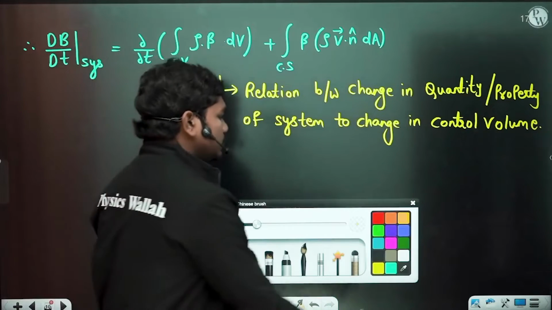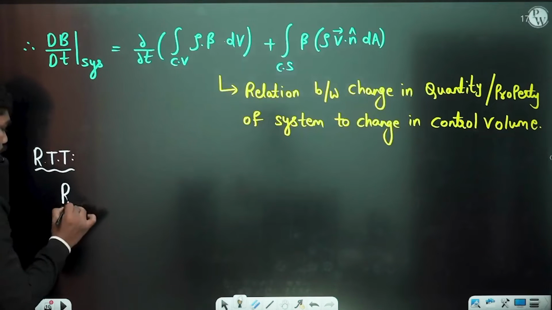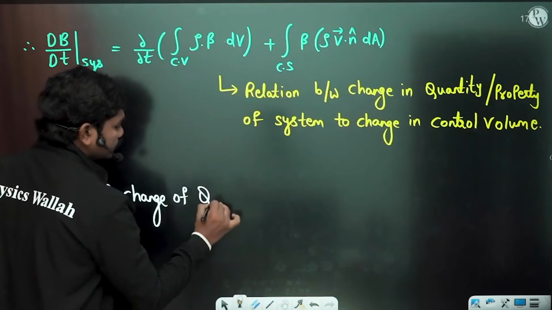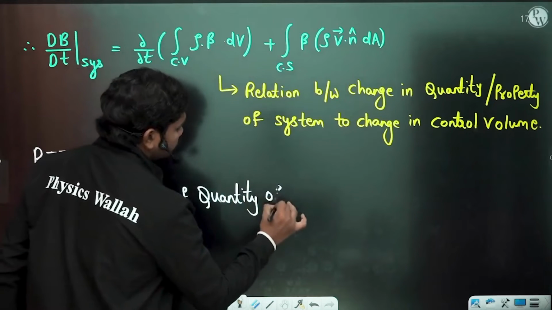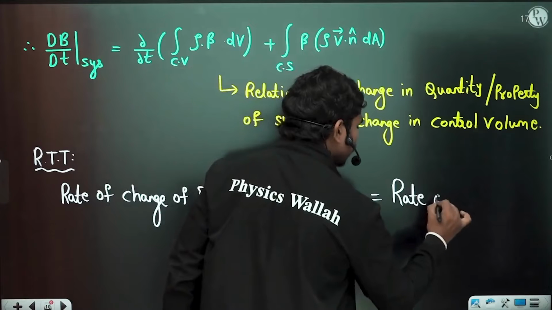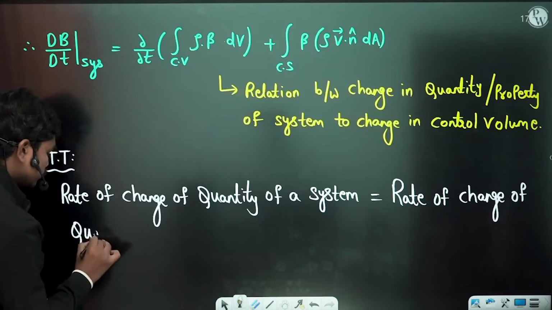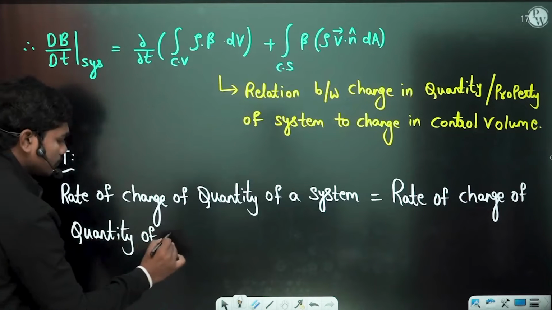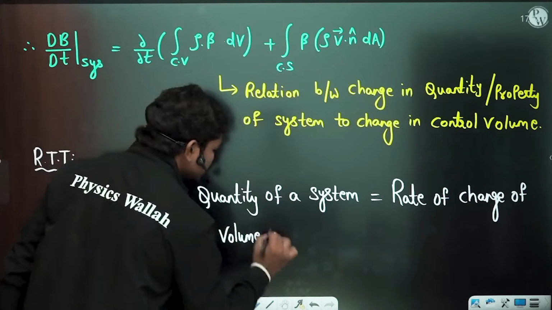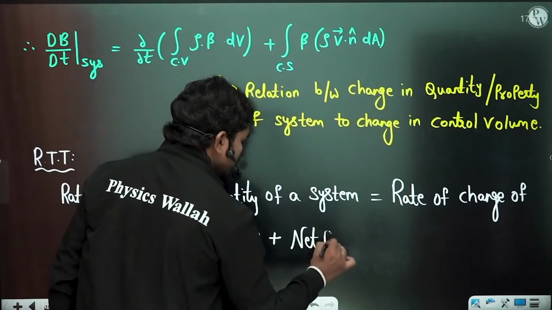Reynolds Transport Theorem tells you that, I'm just writing the statement here: rate of change of quantity of a system is equal to rate of change of quantity of control volume, plus this is nothing but the net rate of efflux.